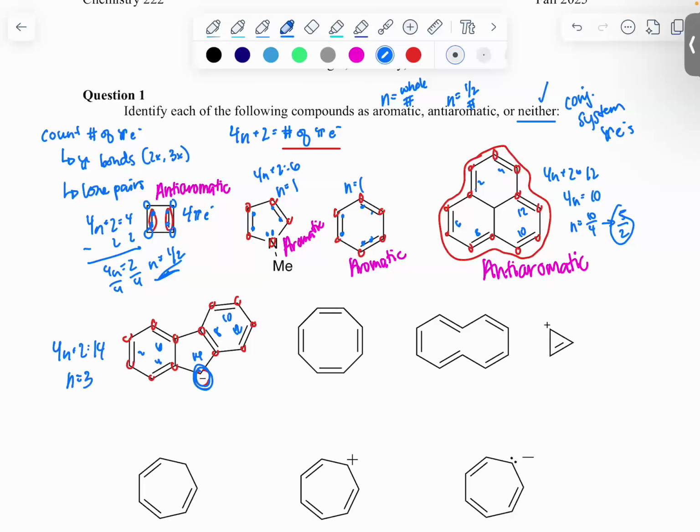We have a whole number, so we are aromatic. With this one, we have eventually a half number, so this one is anti. Here we'll get a whole number, so this one is aromatic.